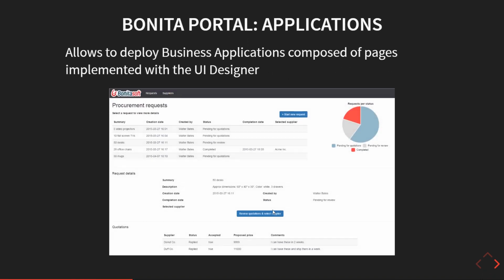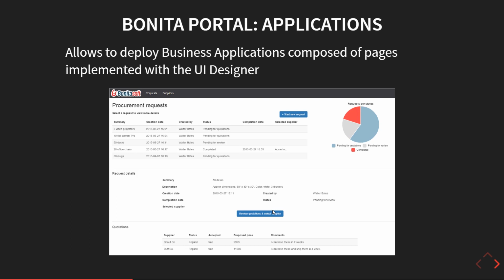We have another concept in Bonita in terms of user interface. It's what we call an application. An application is a set of pages. Pages are very similar to forms. We'll get back to this as well when we start building user interfaces.